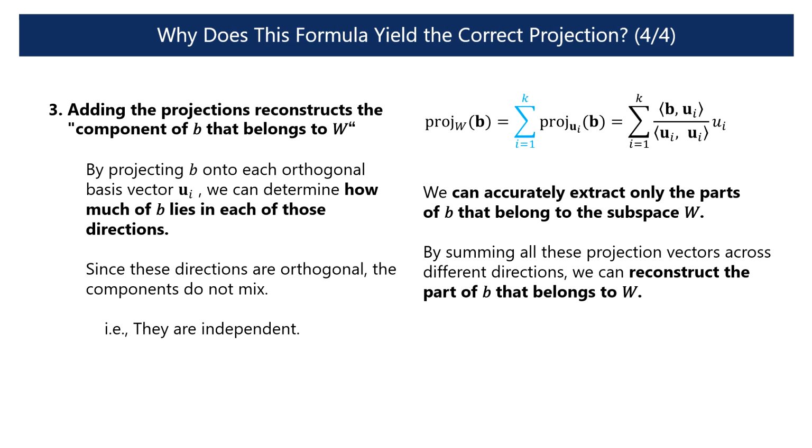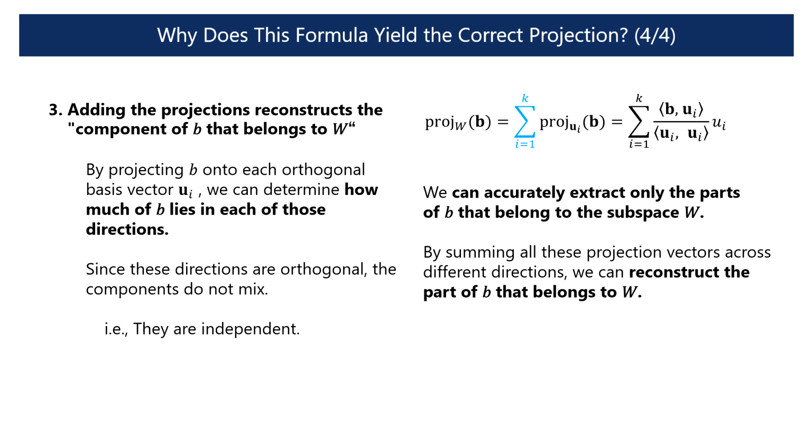The third point is that adding the projections reconstructs the component of b that belongs to W. By projecting b onto each orthogonal basis vector ui, we can determine how much of b lies in each of those directions.